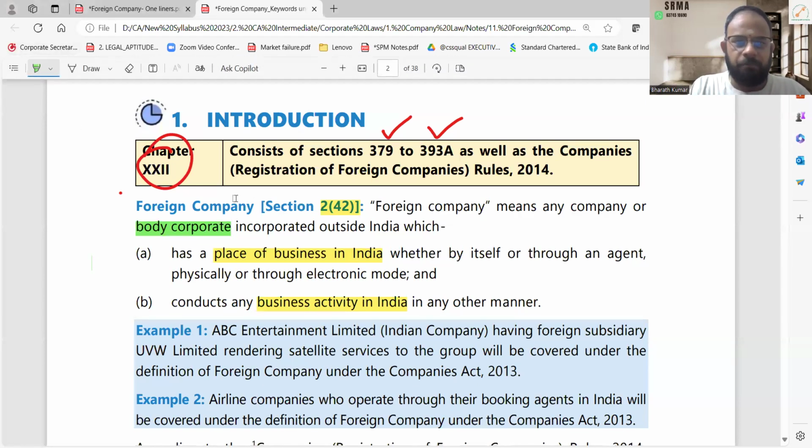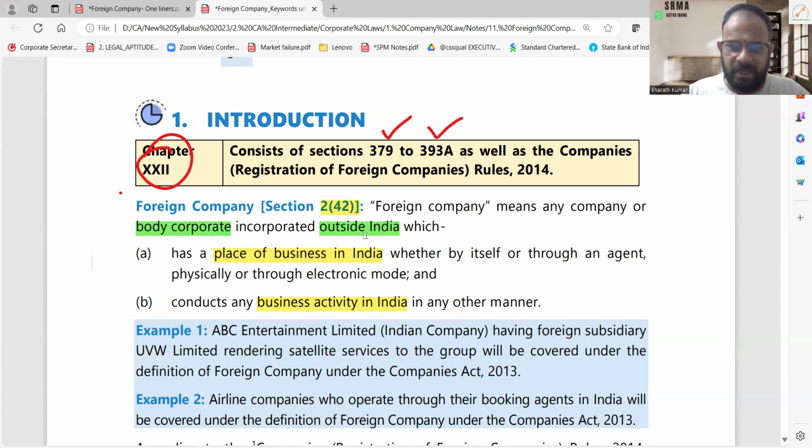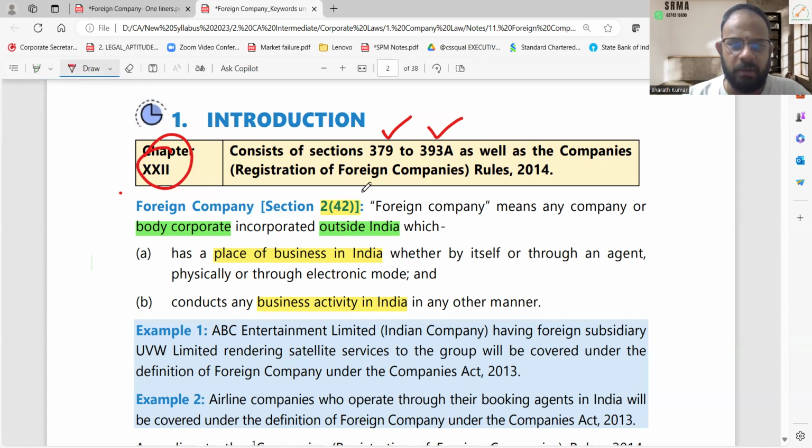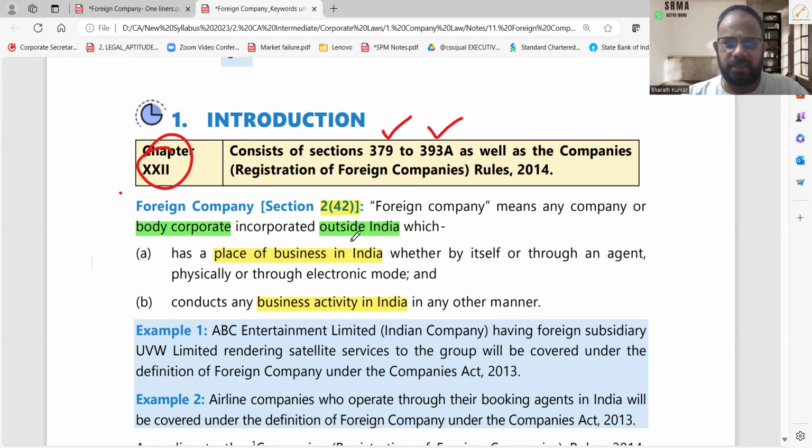Now, the keyword here, it is incorporated outside India, but place of business in India. So the point is very, very simple here. This certain points only I'll give more importance, because other things I have already told how it is going to be. Incorporated outside India.